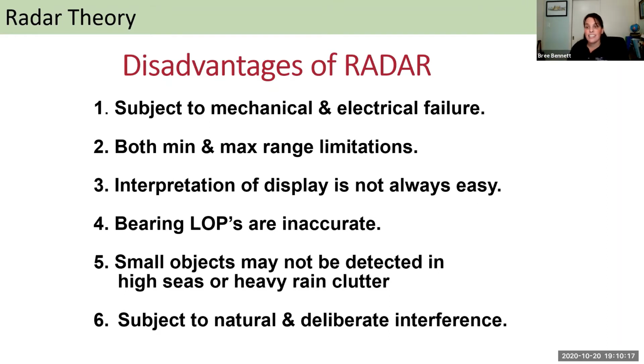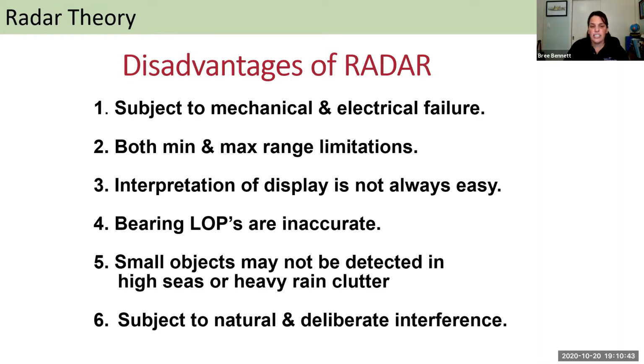Correctly interpreting the display is the big one that we're going to be learning about in this class: correctly identifying which targets are concerns. Where's the risk of collision? How can I interpret this to my advantage, and how can I use this to help my situational awareness?